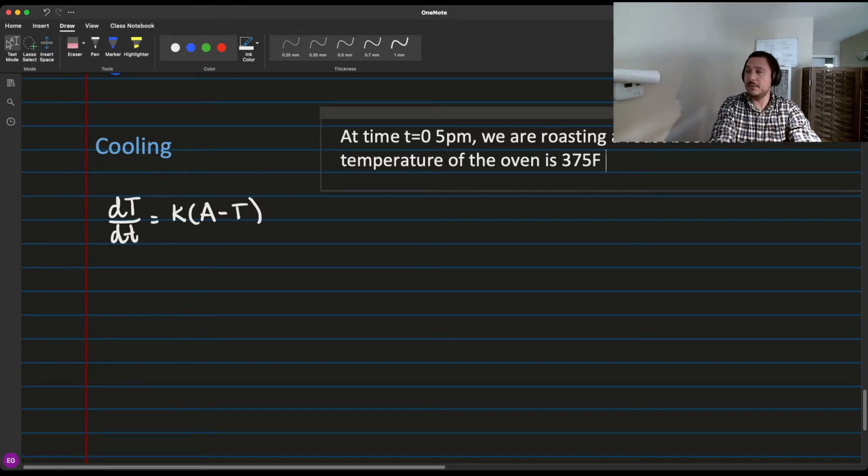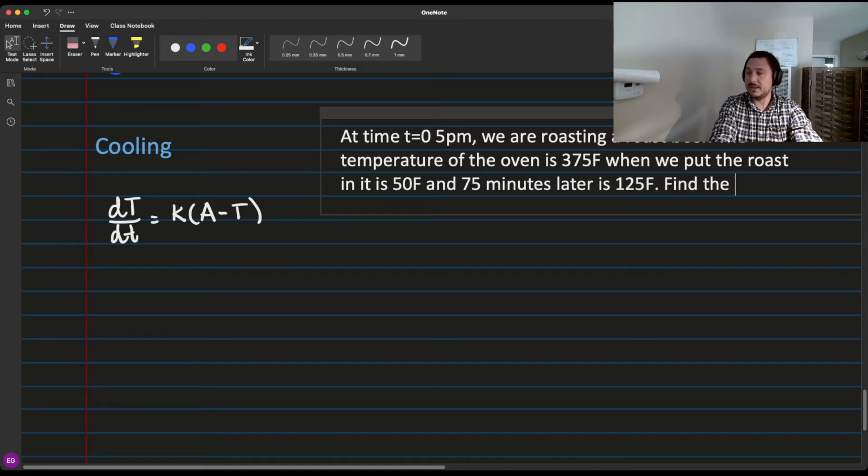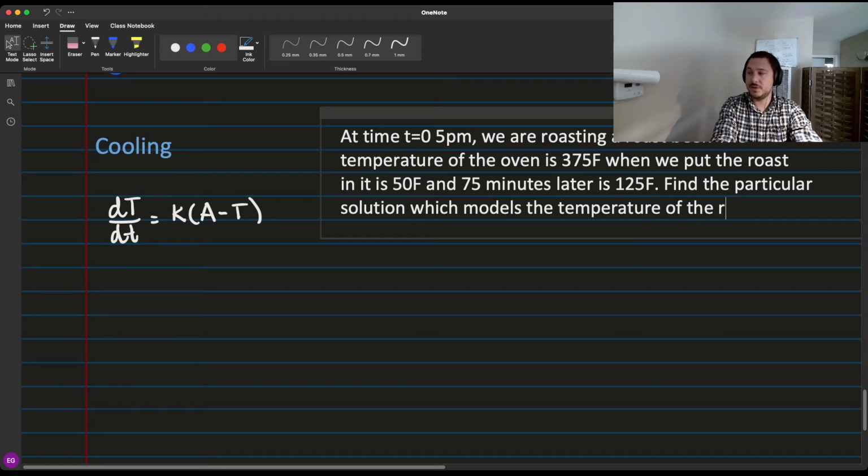When we put the roast in, it is 50 degrees Fahrenheit, and 75 minutes later it is 125 degrees. Find the particular solution which models the temperature of the roast.